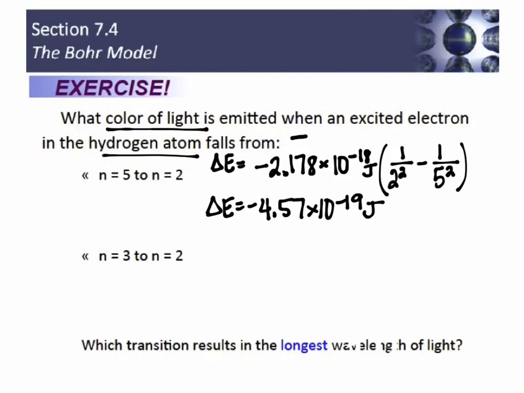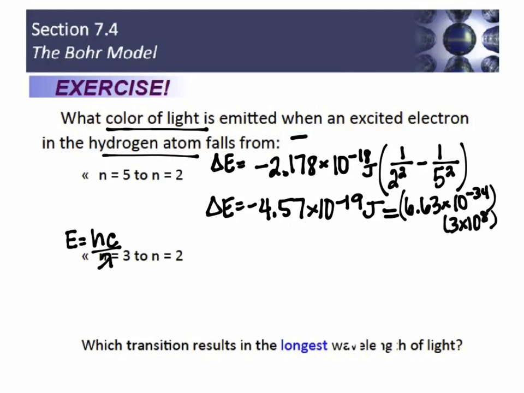Now we're going to use E equals hc over lambda. We multiply 6.63 times 10 to the negative 34 times 3 times 10 to the 8th, and put that all over lambda.